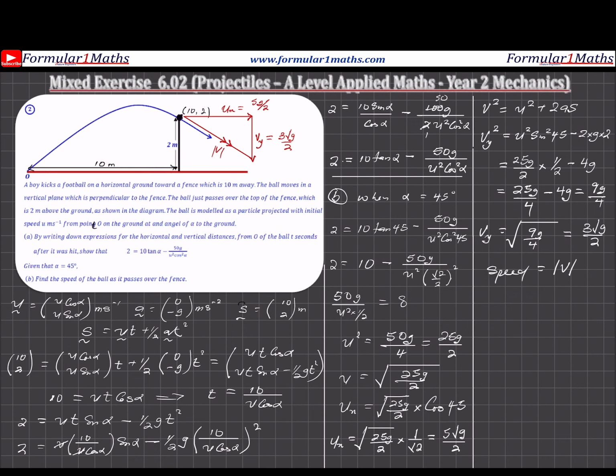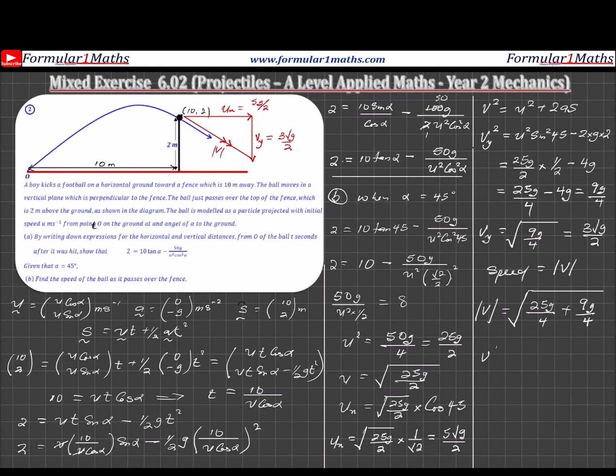So the required speed, v, is equal to the square root of this squared, which is 25g over 4, plus that squared, which is 9g over 4.